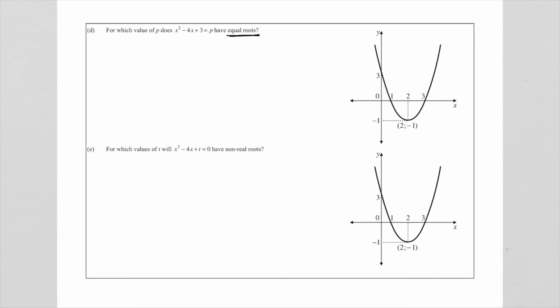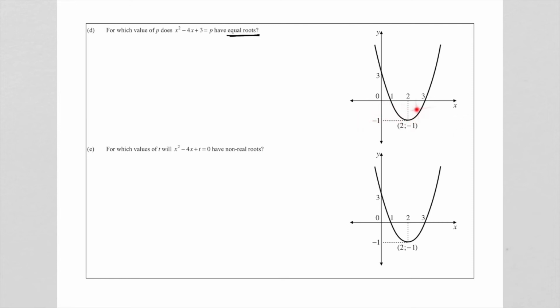Now, like we said in the previous lesson, we will get equal roots right at the turning point. So that f(x) equal to p means we're going to draw a horizontal line. And the question is, where must we draw it? And we must draw it at the turning point.